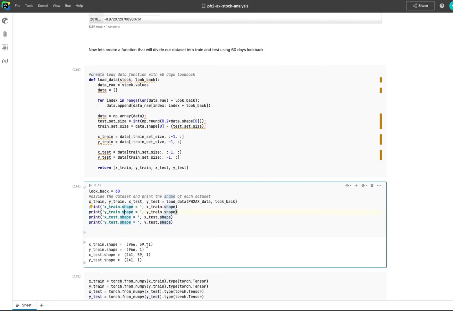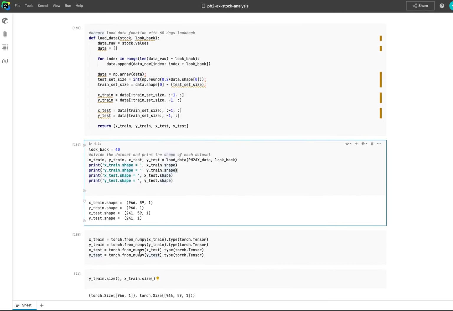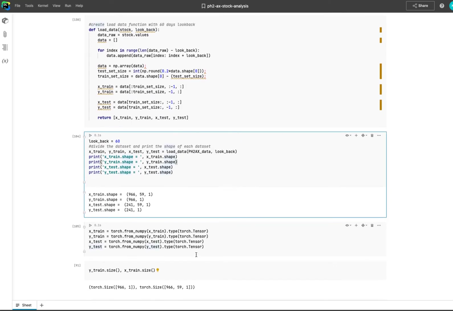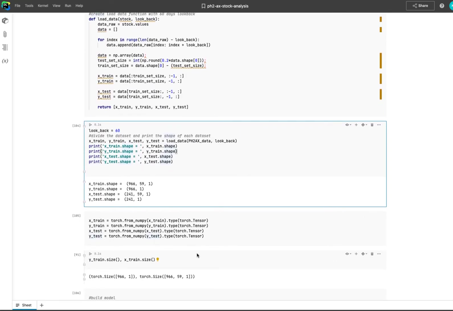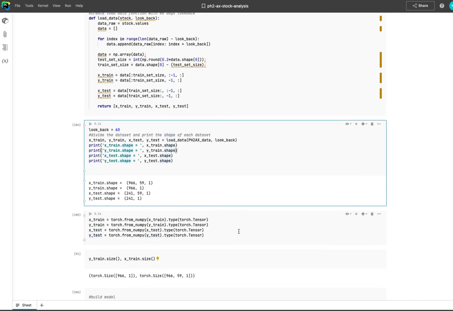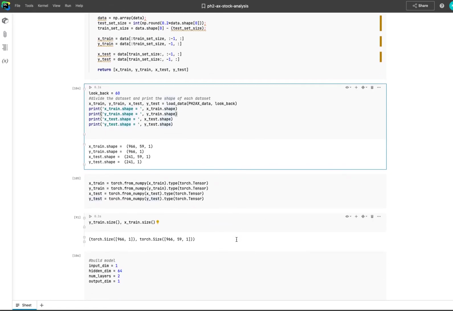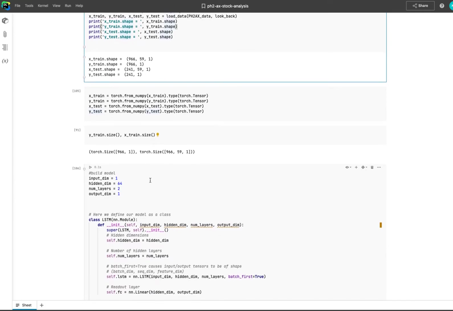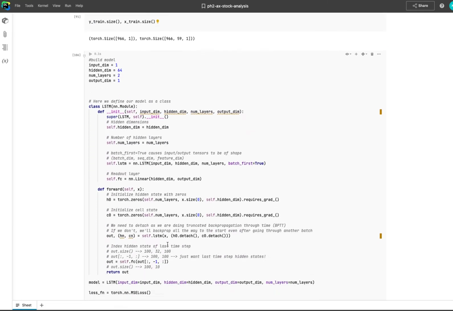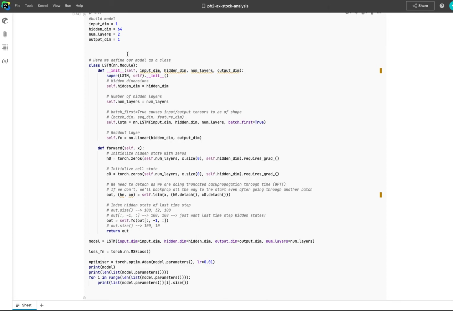And this is the shapes. So you can see the 3-dimensional and then 2-dimensional shape. We're going to turn it into tensors, a language that is just pretty much a bunch of numbers that the computer understands and the machine learning understands. Again, we're going to go ahead and build our model. So this is the function of the model, but the most important bit is just the input dimensions and the output dimensions.